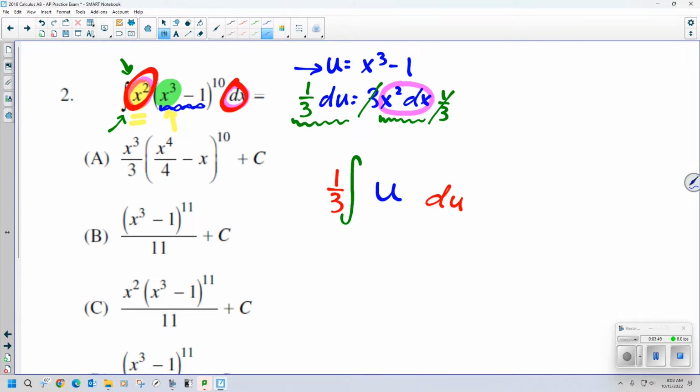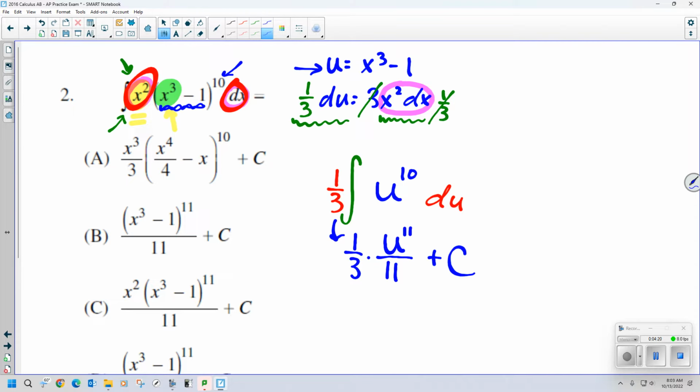Of course, let's not forget that's still raised to the 10th. Much easier to integrate. So, remember, integration is the reverse of the power rule in the reverse order. So I'm going to add 1 to my exponent, then divide by it. And, oh, by the way, this comes along for a ride. And don't forget, it's plus c. There are no boundaries, so I need to do plus c.